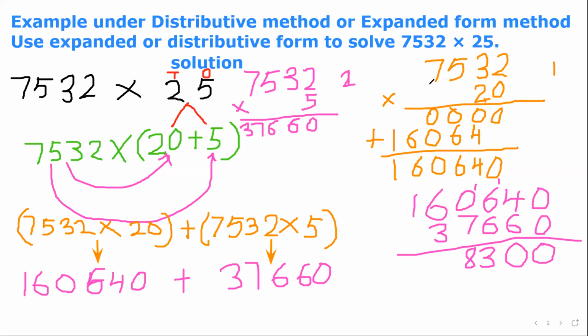The 2 times 7 here is 14, plus the remainder will give you 15. Okay, so here is 15. Good. So here will be 15, and here will be 15. Good.